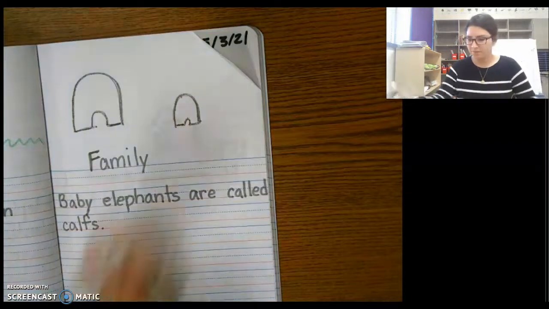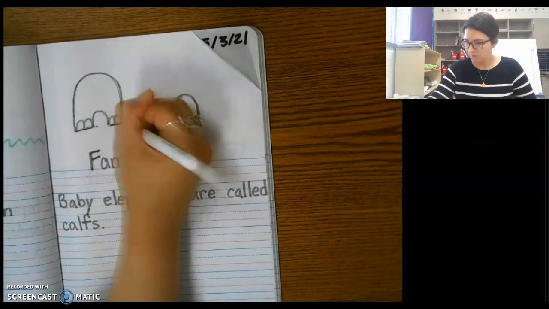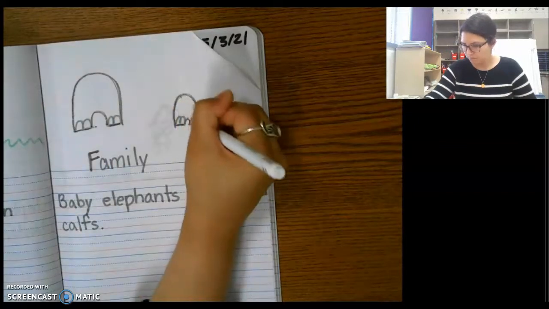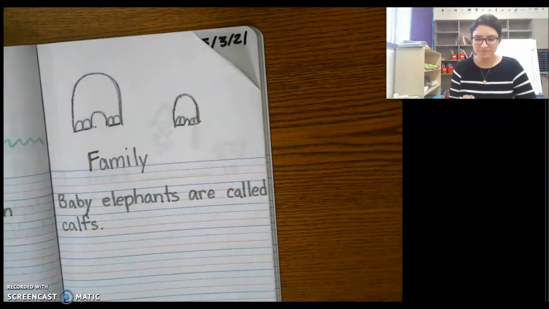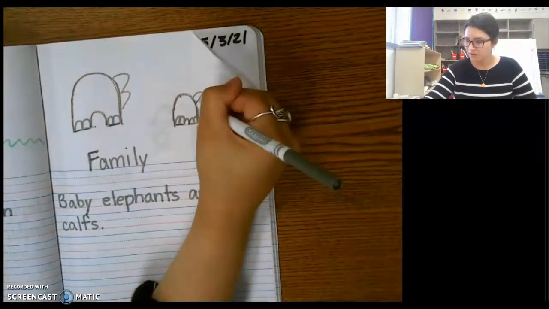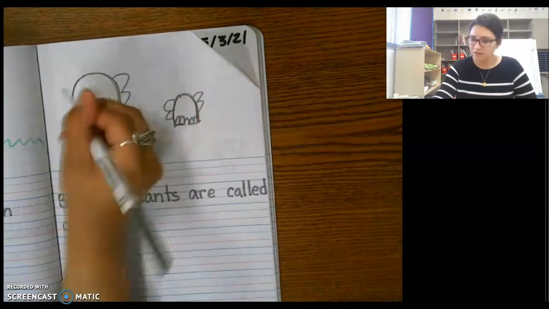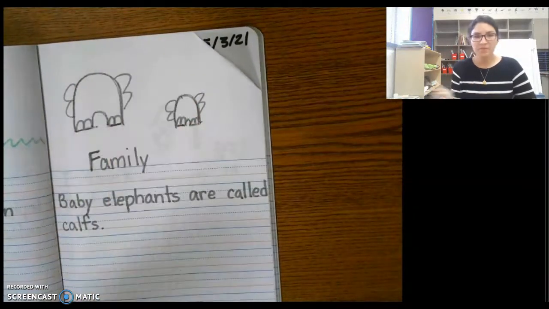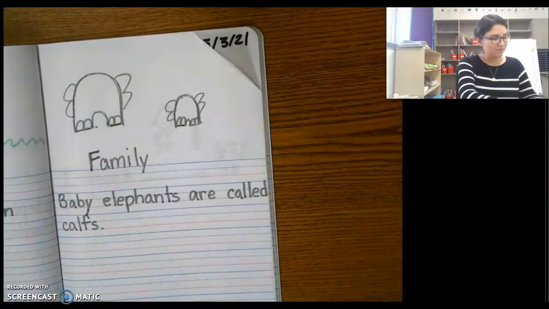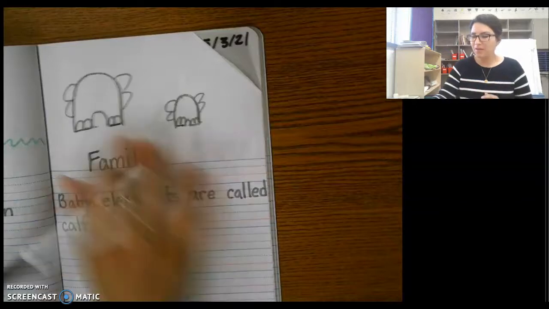Okay. Big floppy ears. Mama elephant, baby elephant.